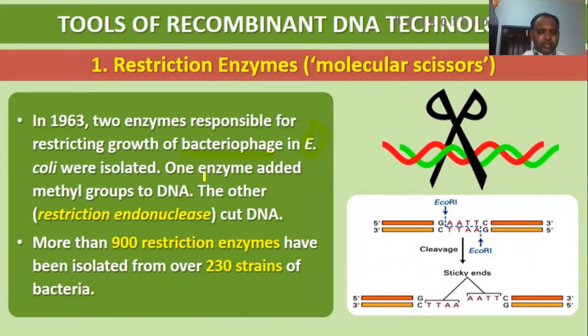So how do these enzymes restrict the growth of the bacteriophage? One enzyme adds a methyl group to DNA. If a methyl group is added to the DNA, it is automatically protected from the action of nuclease.